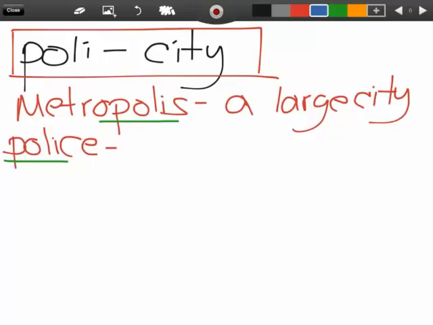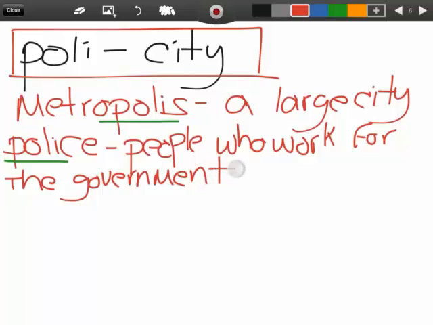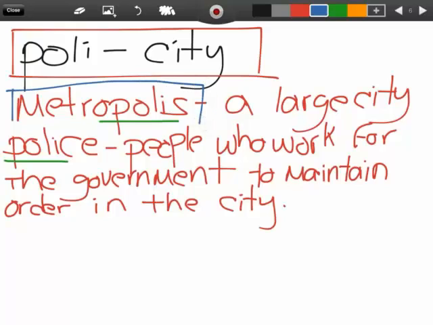And police means people who work for the government to maintain order in the city. I'm going to go ahead and use metropolis, this word right here, in a sentence.